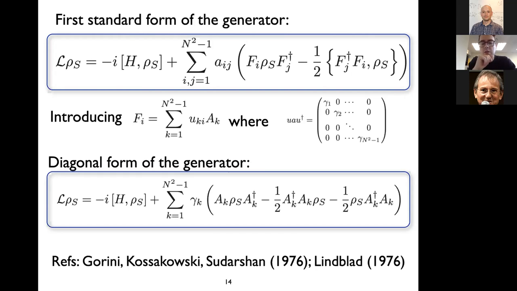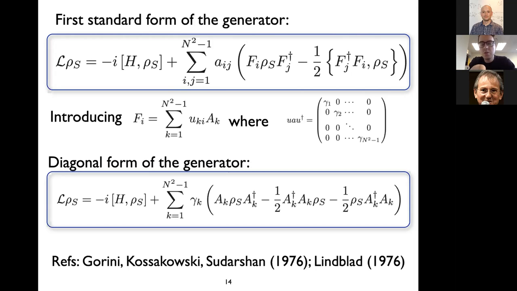The reason that you relate these via a unitary transformation is that these coefficients Aij are the coefficients of a positive semi-definite matrix, and in general, any positive semi-definite matrix can be diagonalized by a unitary transformation.